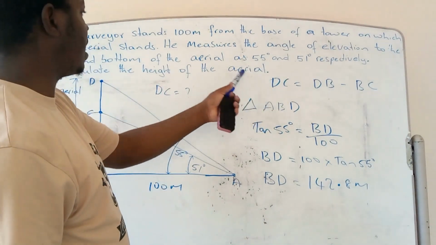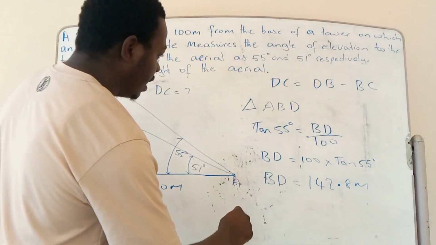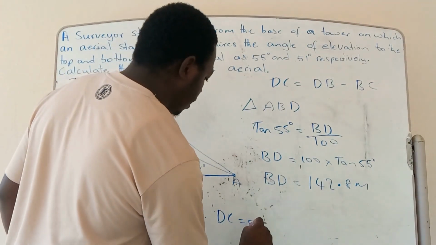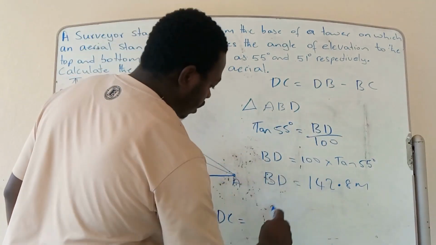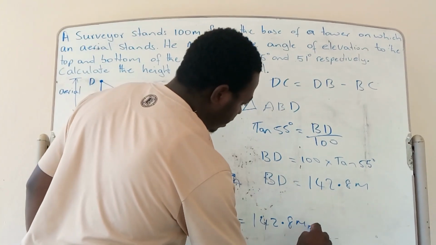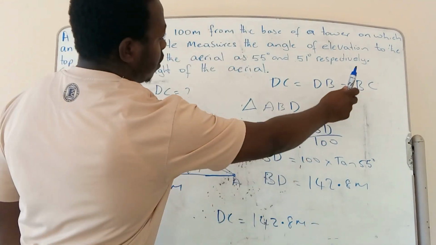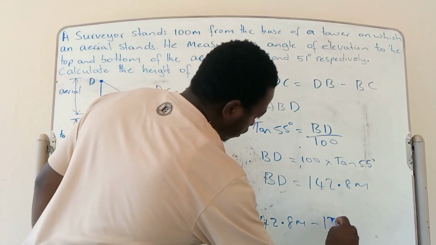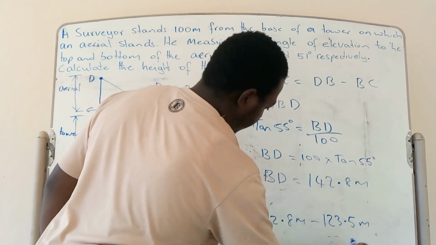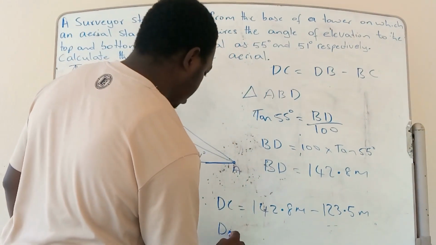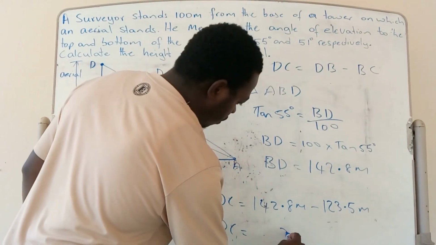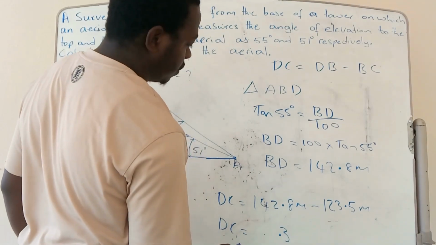And remember that DC is the height of the aerial. So we know that, therefore, DC is equal to BD, which is 142.8 meters, minus BC, which is 123.5 meters. So DC is equal to 8 minus 5, that's just 3. Keep our decimal place, right?